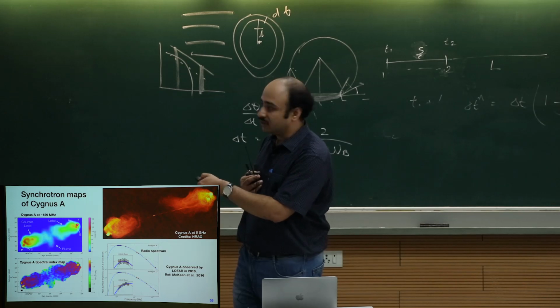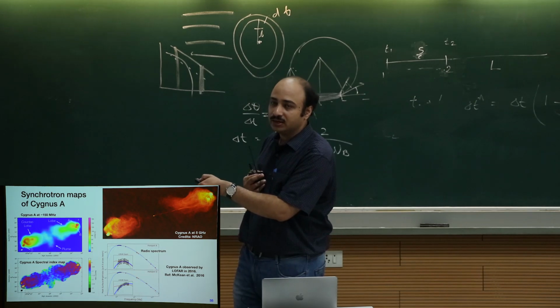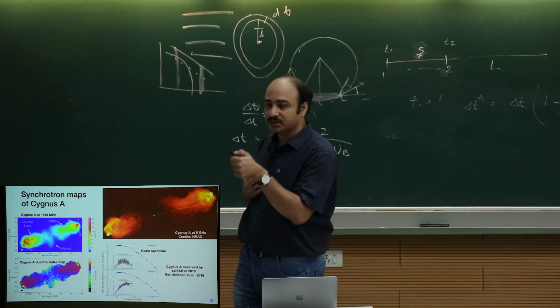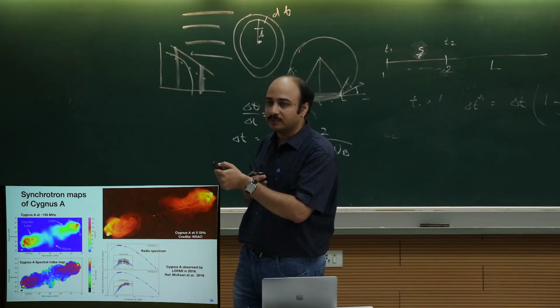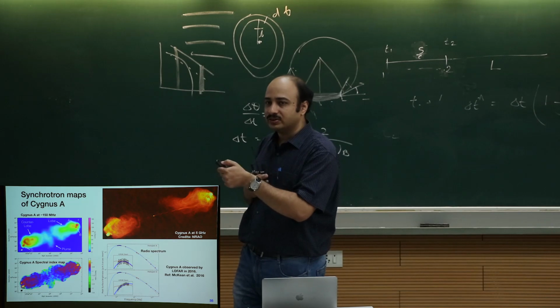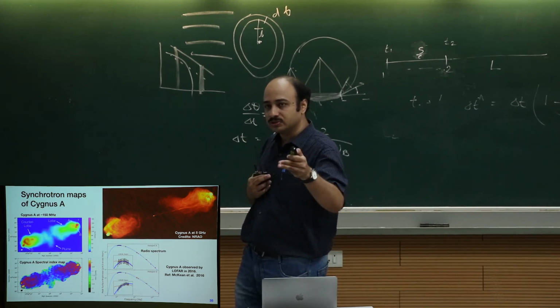There is still a magnetic field. If there is emission here which has a magnetic field, there is a magnetic field here as well. But you're not seeing synchrotron emission here. Why? That is because the critical frequency is proportional to gamma squared. So the gamma of the electrons is such that the critical frequency has been pushed to lower values.